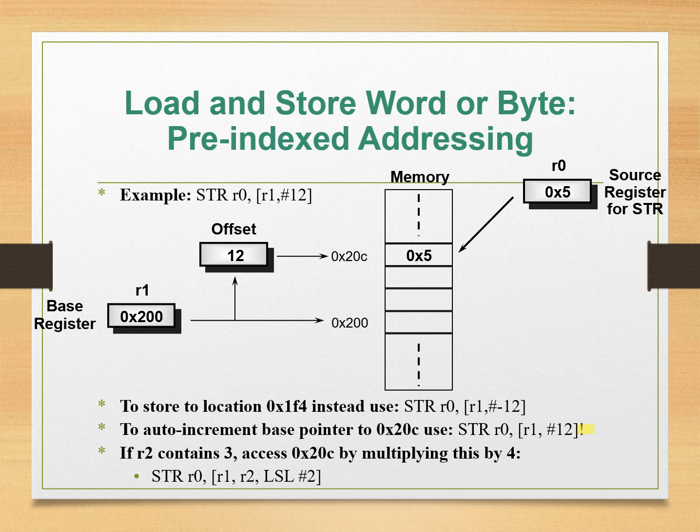Okay? If the content of R2 is 3, if you multiply by 4, it becomes 12. If you access the same location, the other way to write the code is STR R0, [R1, R2, LSL #2], shift left by 2. You know that if you shift left by 2, it means you multiply by 2 to the power of n, where n is 2, and 2 to the power of 2 is 4. So R2 will be multiplied by 4.